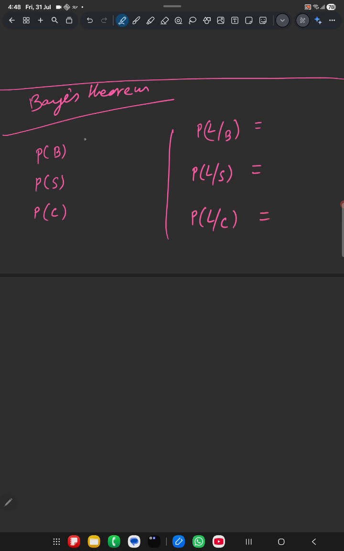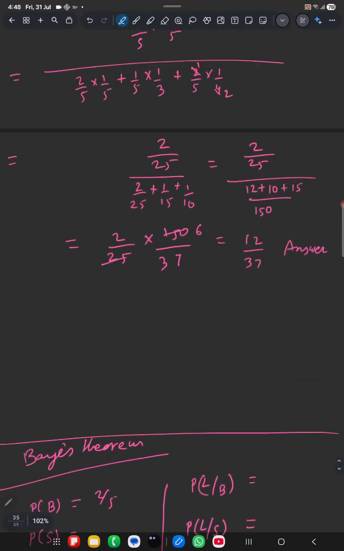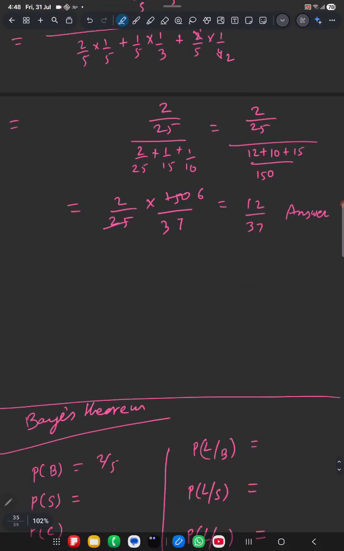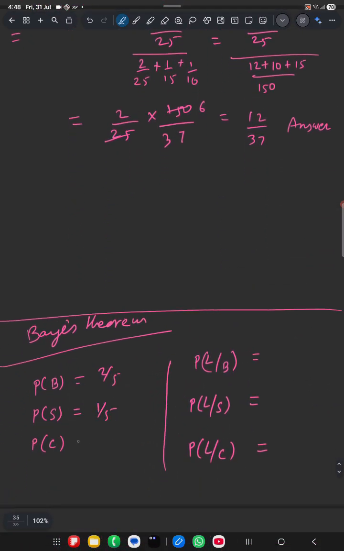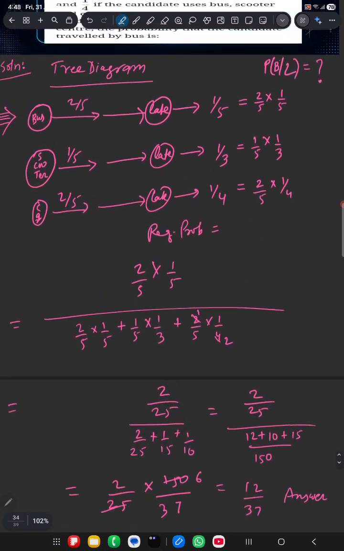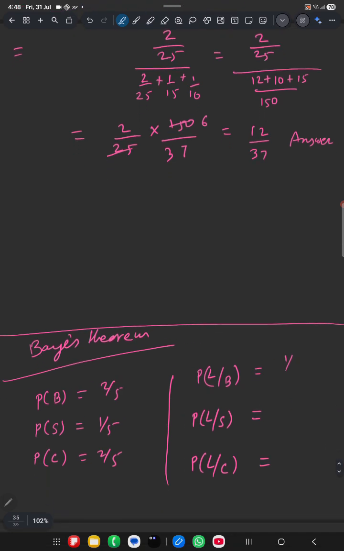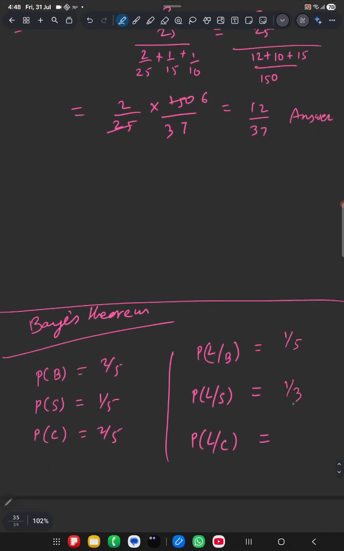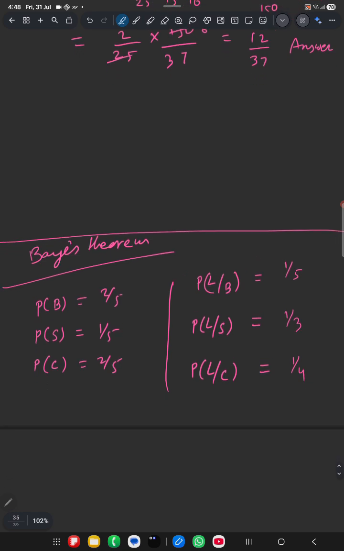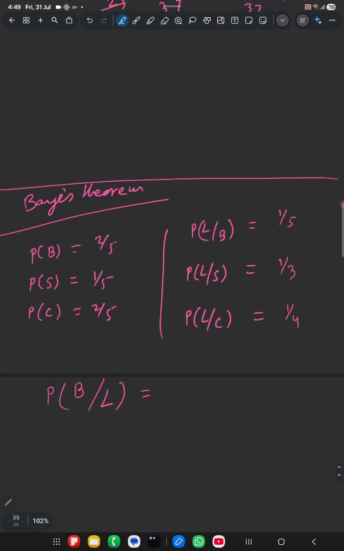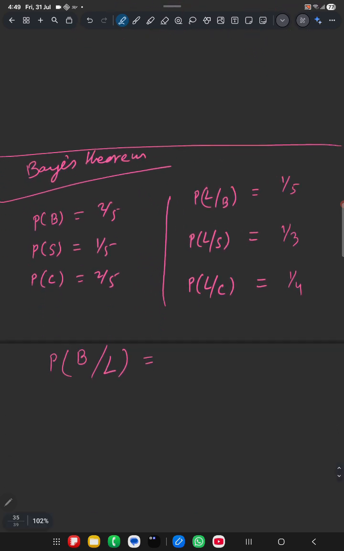These are given: 2 by 5, 1 by 5 and 2 by 5, and the late probabilities are 1 by 5, 1 by 3 and 1 by 4. And you have to find the probability that he or she traveled by bus, given that late. Let it be very clear, anybody can be the candidate.